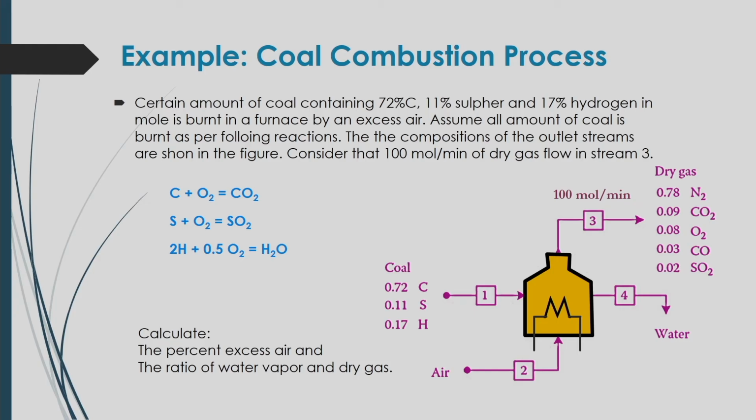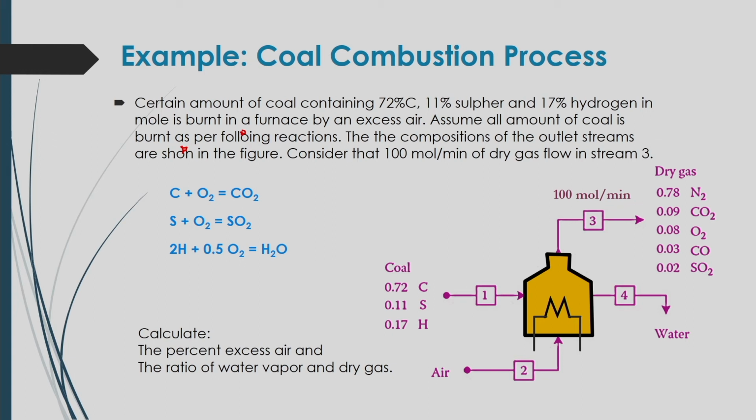Assume all the coal is burnt as per the following reactions. The compositions of the outlet streams are shown in the figure here, and you have to consider 100 mole per minute of dry gas flow in stream 3 as shown in the figure in the slide.